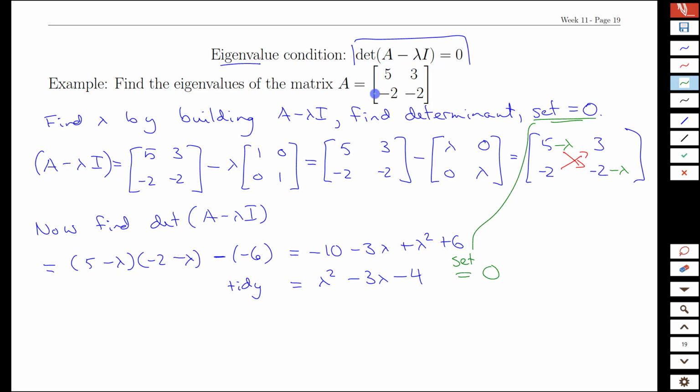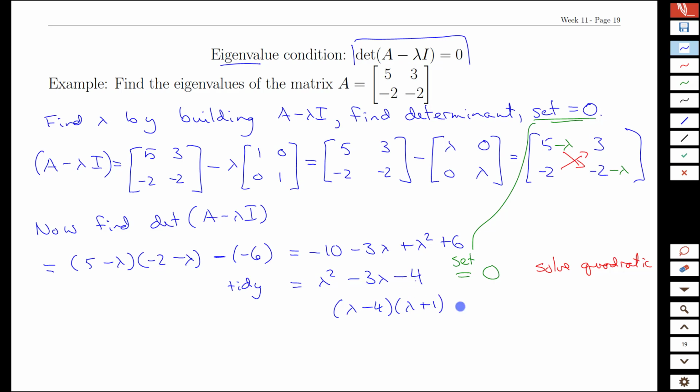We have to have this, not A, but this A with the lambdas down the diagonal subtracted, have a determinant of 0. And that just means solve a quadratic. Okay, well, we can solve a quadratic. This looks like factors of -4: lambda -4, and lambda +1.